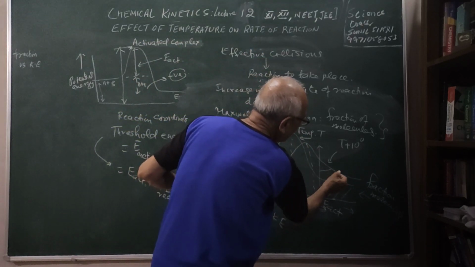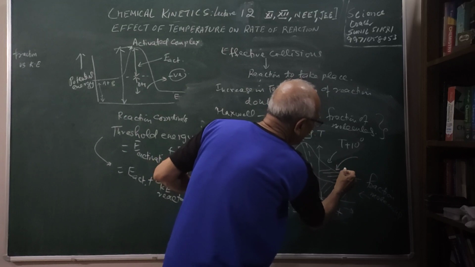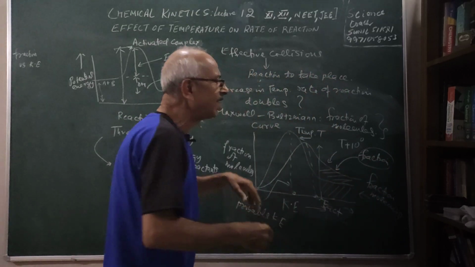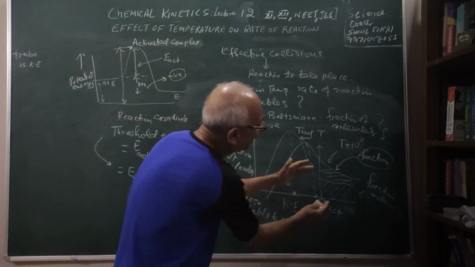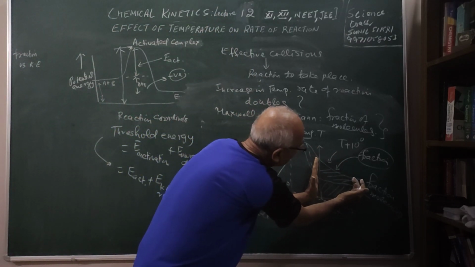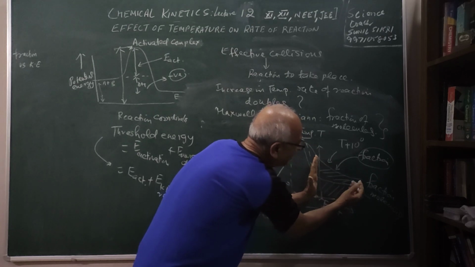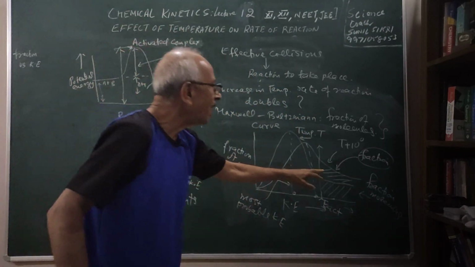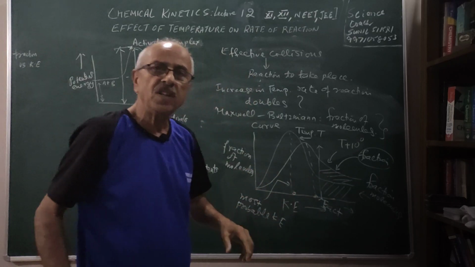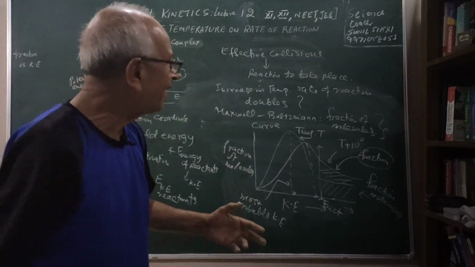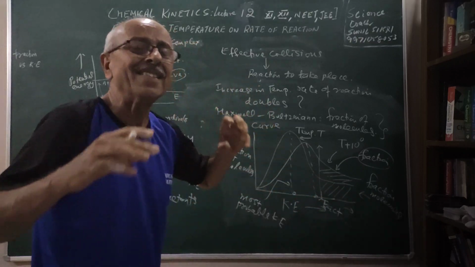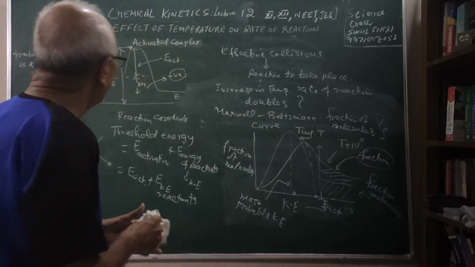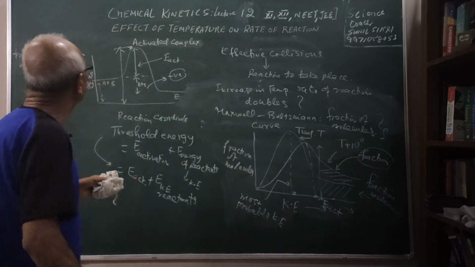But here you see the fraction of molecules having energy greater than or equal to activation energy has increased. See the graph, this area has increased. Therefore, with increase in temperature, the fraction of molecules which have energy equal to or more than activation energy increases. Hence, with increase in temperature, the rate of the reaction increases. This is given by the Maxwell-Boltzmann distribution.